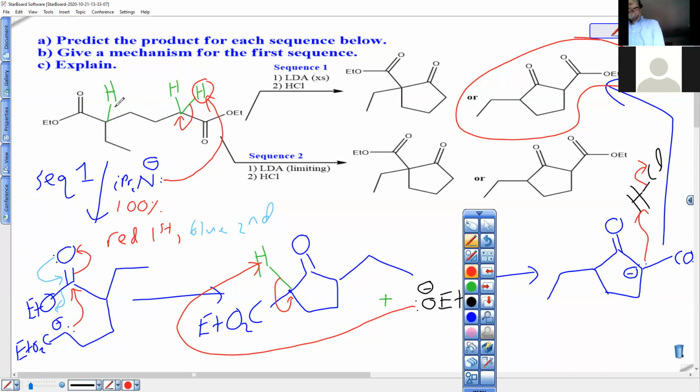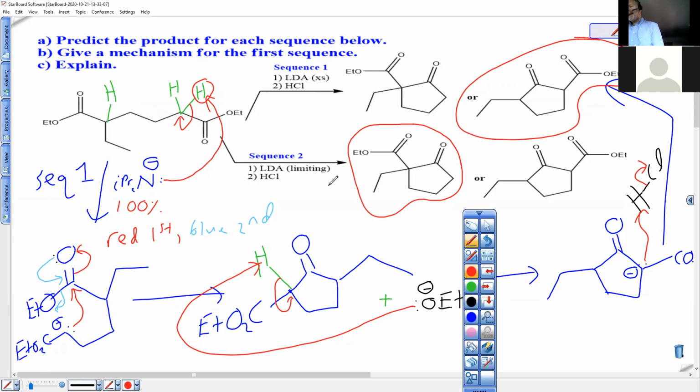The enolate on this position would have more carbons attached than the enolate on this position. So that's why in sequence 2, we get the other product. It comes from the more stable enolate, where equilibrium allowed the more stable enolate to occur.